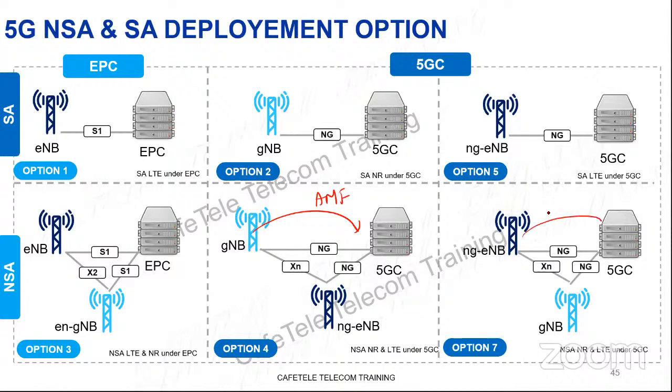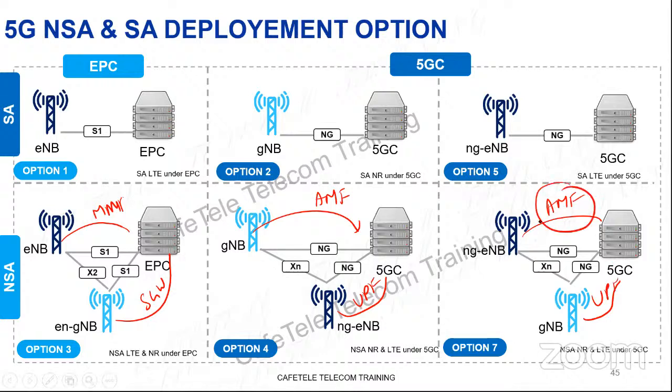Here they are connected to AMF. Here they are connected to MME. Here they are connected to SGW. Here they are connected to PGW. So AMF is handling the control part. So that's why all our master is this one. I hope the diagram is clear for you.